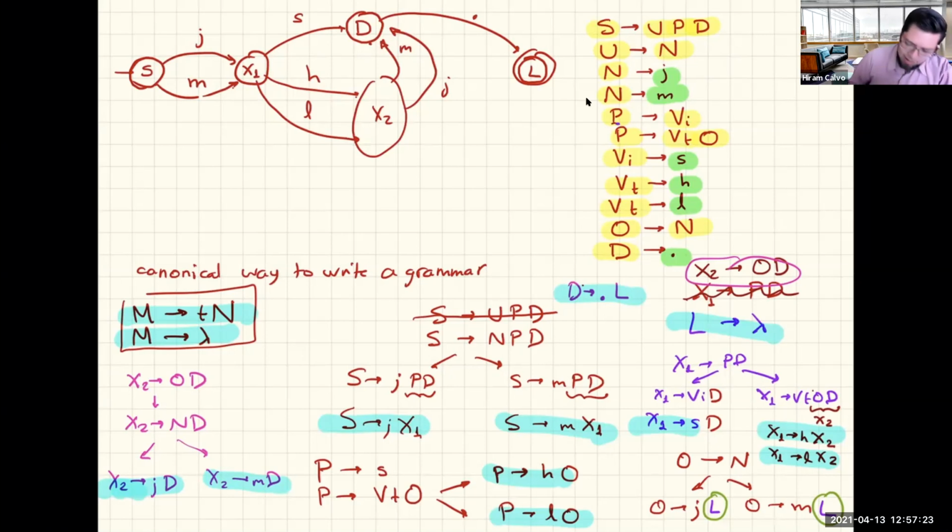So let me do the reverse process. Now you can forget about John and Mary for a while. Let's suppose we have an automaton like this one.